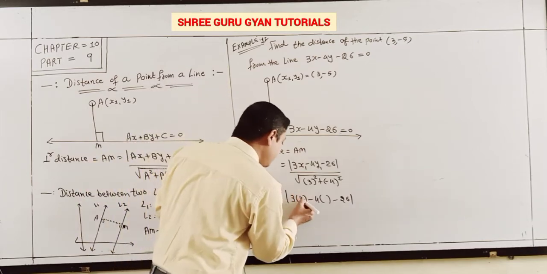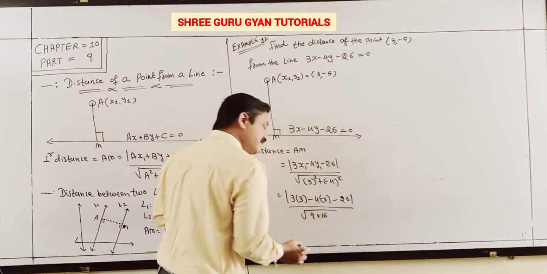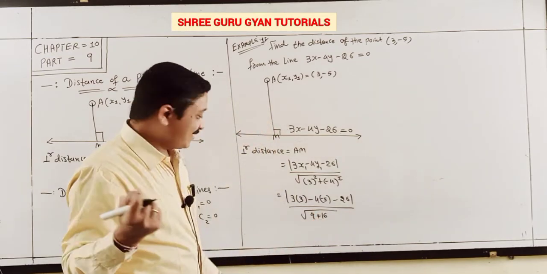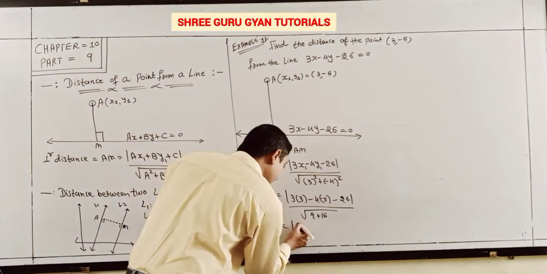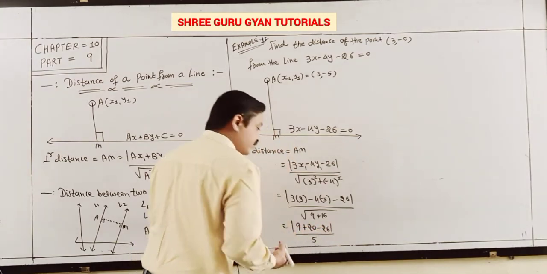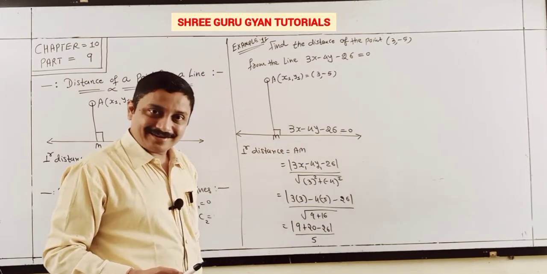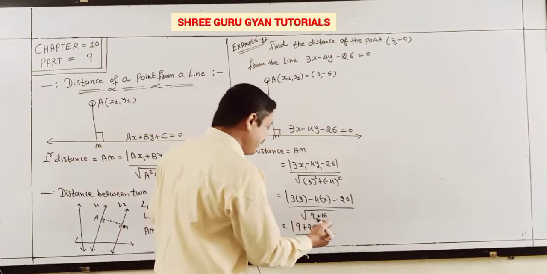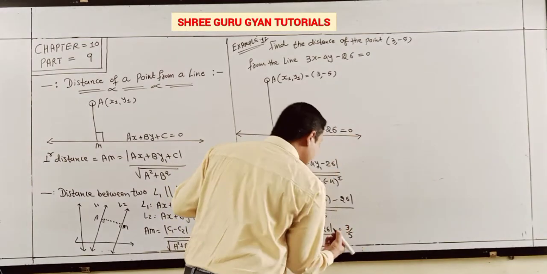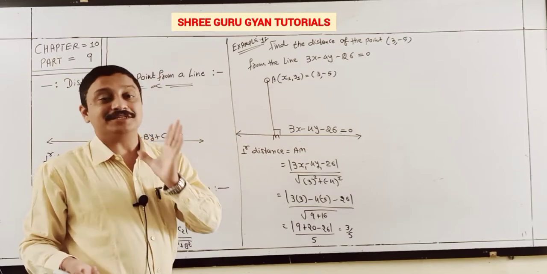So under the root 9 and 16, 25, it is 5, and in the numerator 3 times 3 is 9, minus 4 times minus 5 is 20, minus 26, over 5. Now total: 20 plus 9 is 29, 29 minus 26 is 3, so it is 3 by 5 units. That is the perpendicular distance.